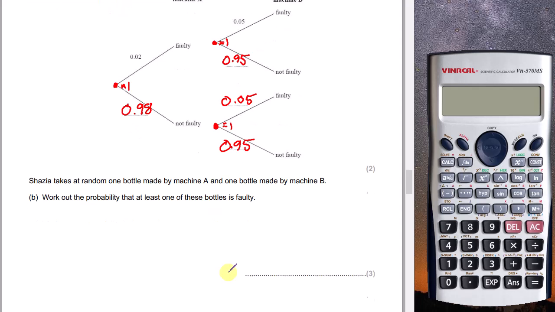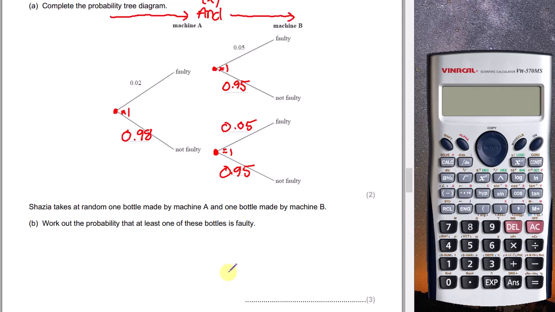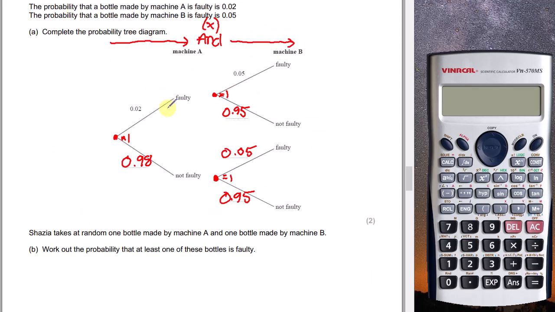Probability of at least one bottle faulty. So which situations? Both bottles are faulty. Yes, I want to know what this bit is. One bottle faulty: not faulty from machine A, but a bottle faulty from B, and not faulty. So what we need to do is calculate the probability of these three events.